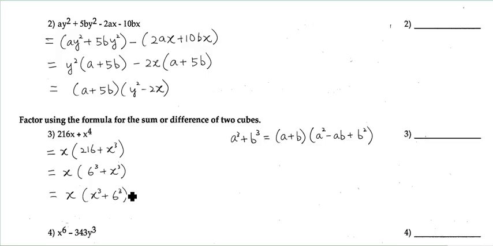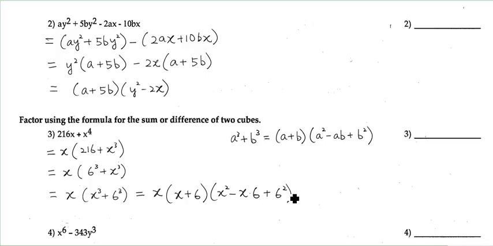So now let's apply the formula. I have a equal to x, b equal to 6. So what would that become? I still have an x in the front, x times x plus 6, instead of a plus b, times x squared minus x times 6 plus 6 squared.